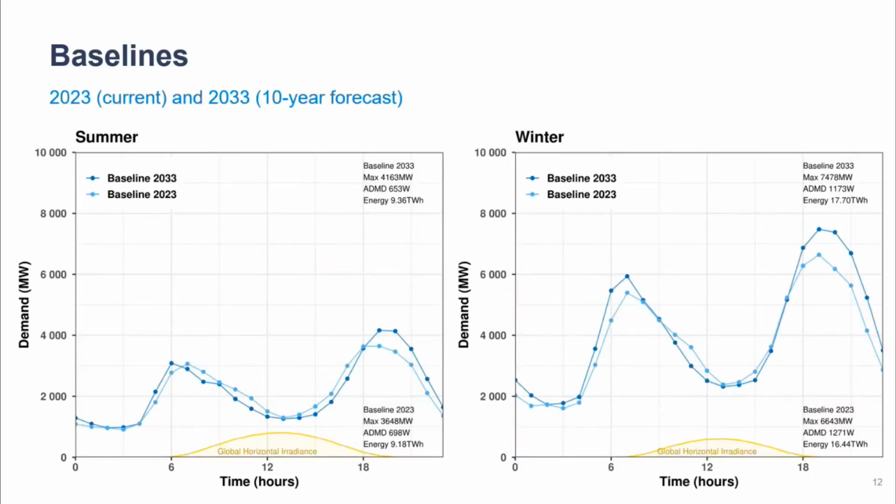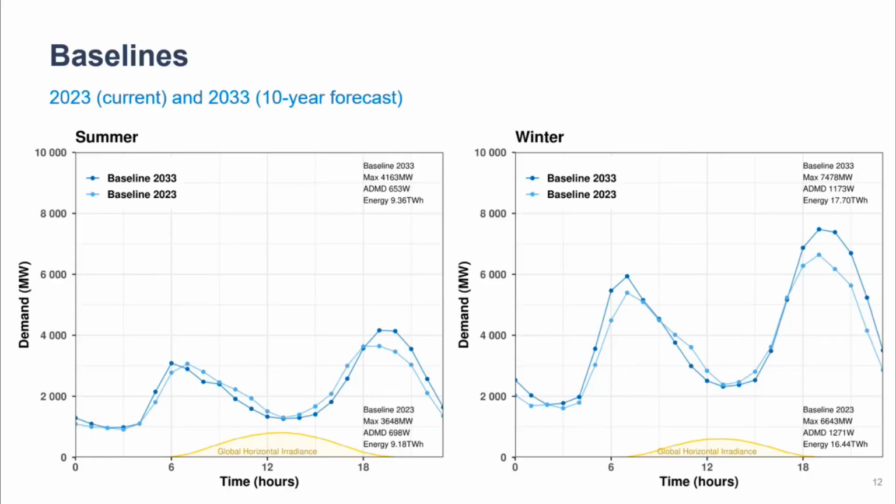Here on screen we have the baseline curves, and I'm going to talk through these slowly. We've got the summer profile on the left and the winter profile on the right. We're looking at a 24-hour window, and the demand on the y-axis goes all the way up to 10,000 megawatt.